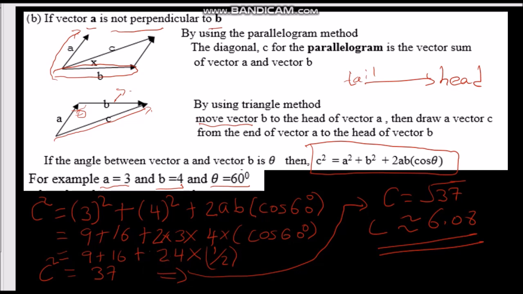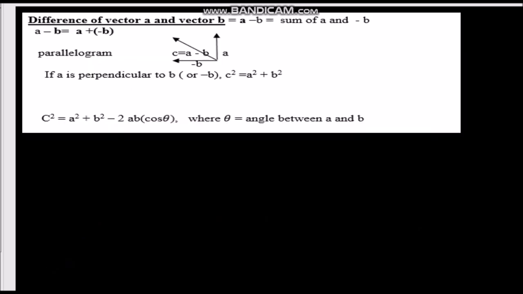The next point is the difference of the vectors a and b, that means the subtraction part. For example, here we have vector b. Look, we represent vectors on the graph.